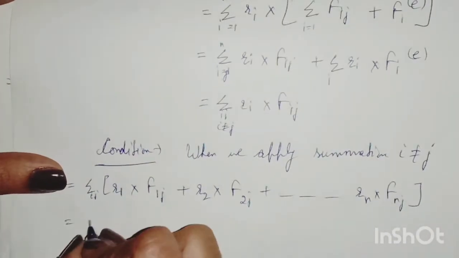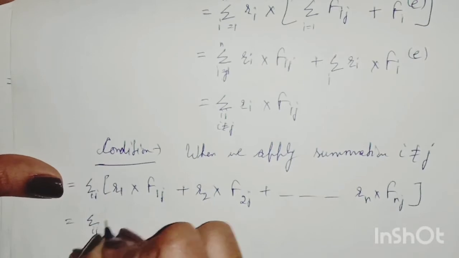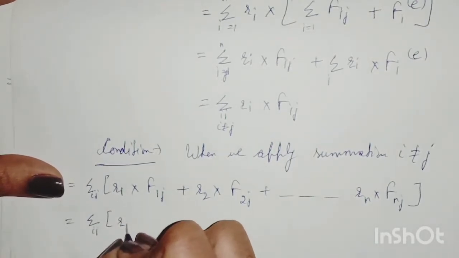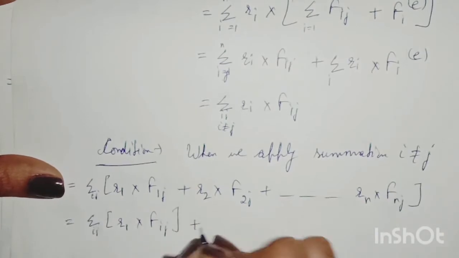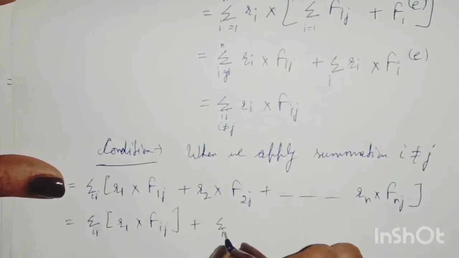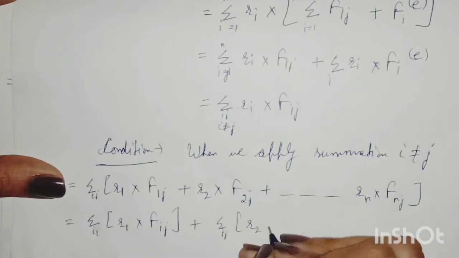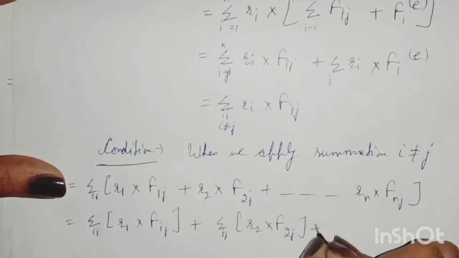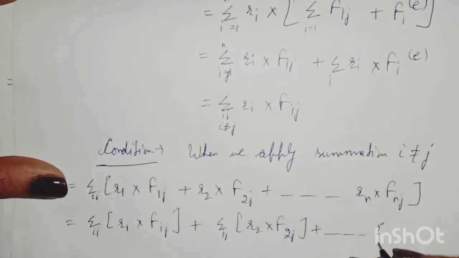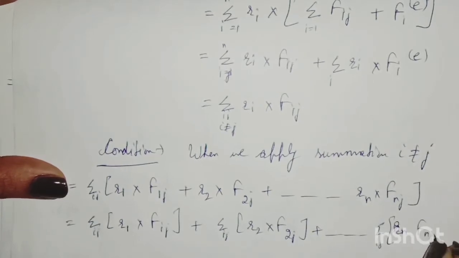So we can write summation j R1 cross F1j plus summation j R2 cross F2j and so on, summation j Rn cross Fnj.